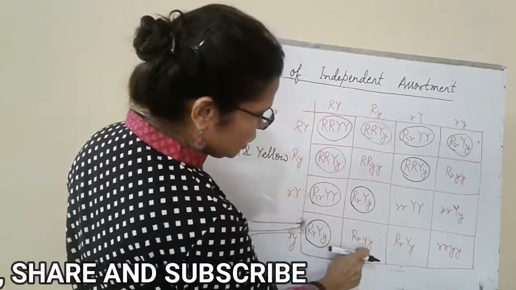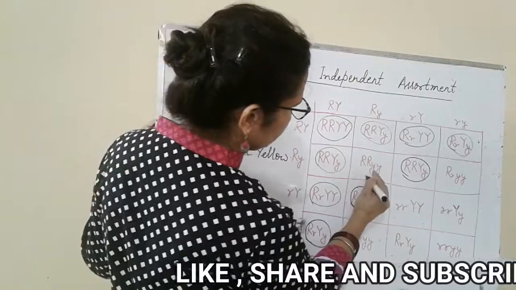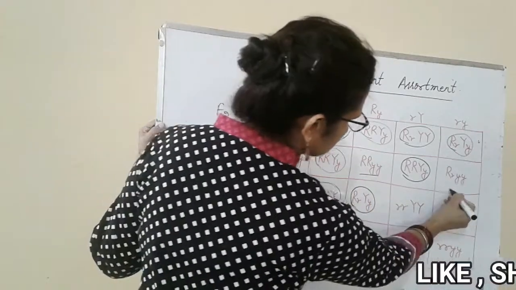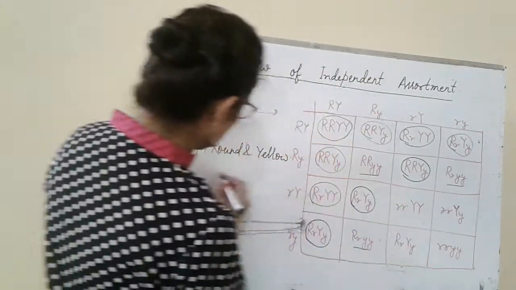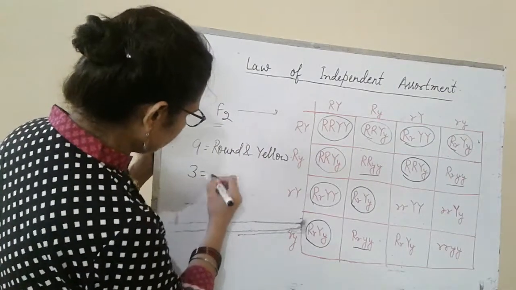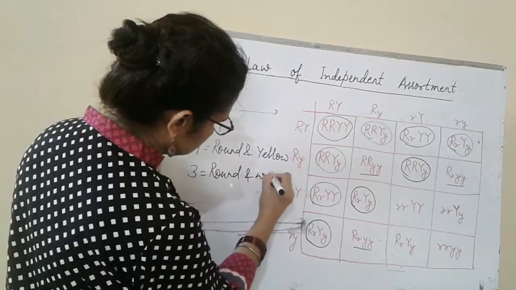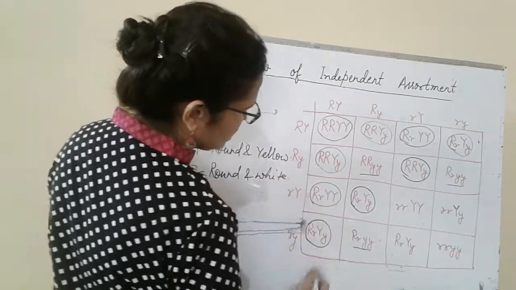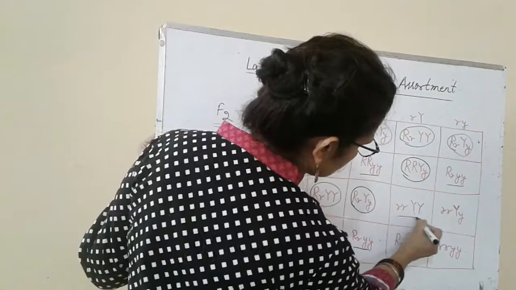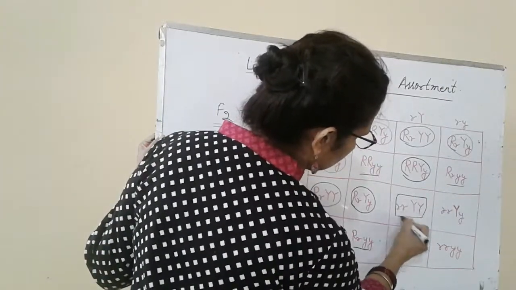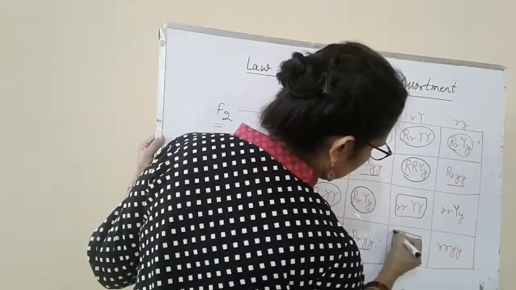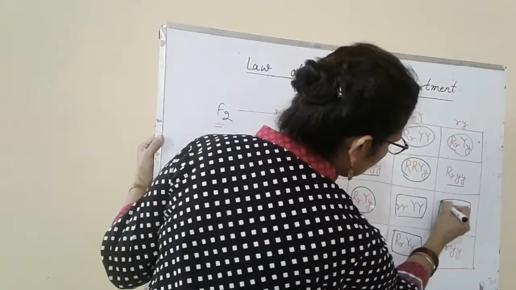This is round and white, round and white, this is also round and white. So the phenotype of 3 plants is round and white. And this is wrinkled and yellow, wrinkled and yellow, wrinkled and yellow.